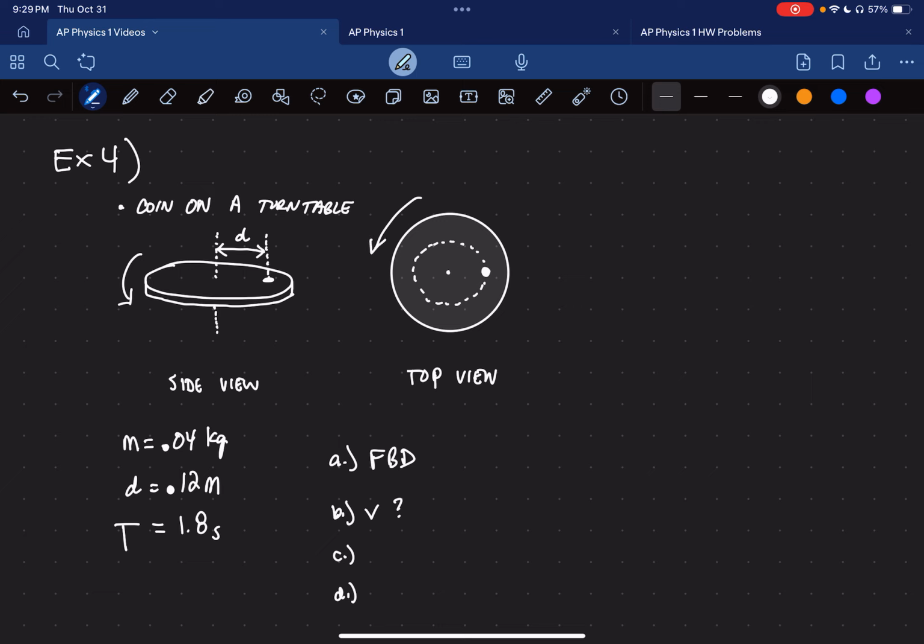Let's draw a free body diagram for the coin on this turntable, and we'll use the side view to draw this free body diagram. Of course, it's got gravitational force mg, it's got normal force Fn, which are equal in magnitude. The coin will not be accelerating up or down.